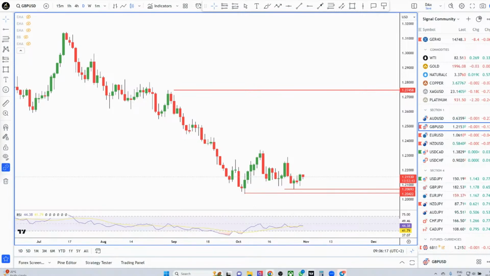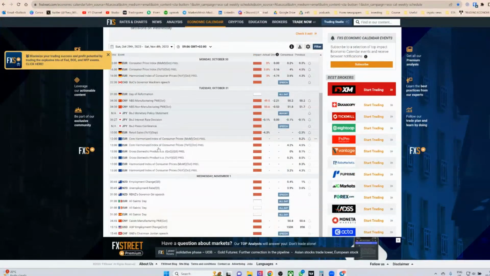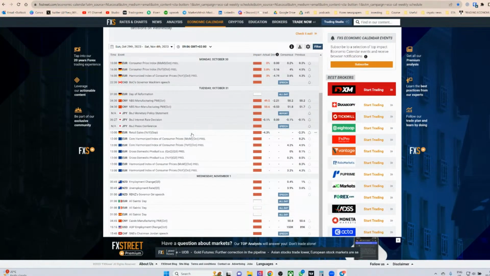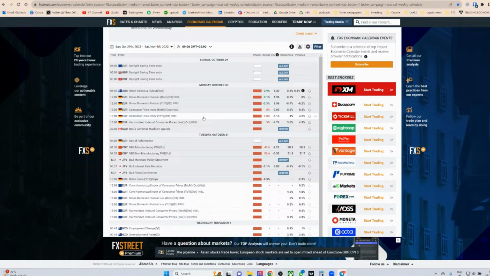Actually, let me bring this up for you. So here is the calendar, and let's see what happened, especially yesterday after our live webinar. In Germany they reported the CPI and the GDP, and it was some positive and some negative.